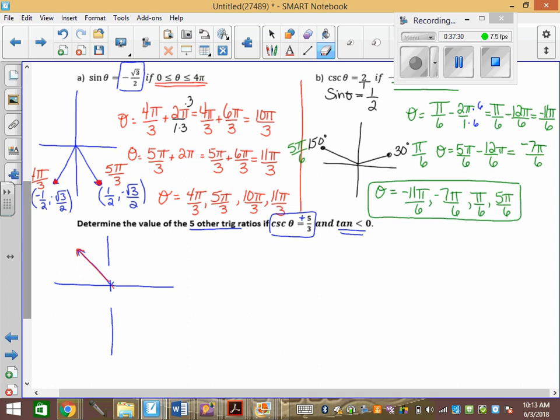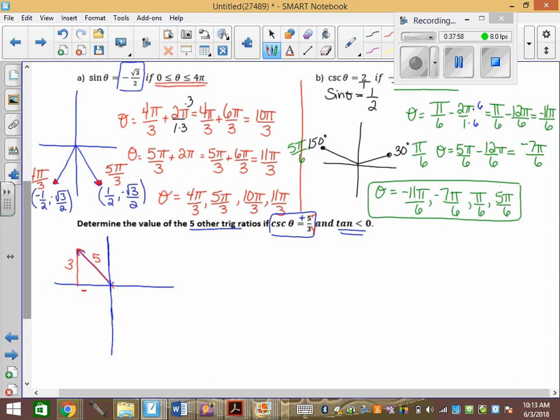So I'm going to draw my triangle in quadrant 2. Now cosecant is r over y, the opposite of sine, so I'm going to have 5 and 3. How do I get the third side? Well, it's going to be negative. That's why I have to draw it. If I didn't draw it, I wouldn't know if it was positive or negative, and you need to know. We use Pythagorean theorem.